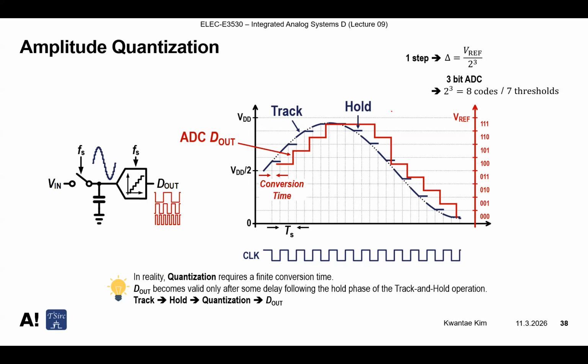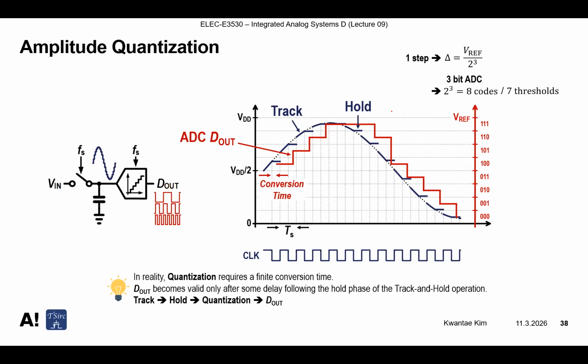In reality, quantization requires a finite conversion time. This is a real-world circuit, so it cannot process the input signal or electrical signals in an instant. It requires some conversion time to do its job.